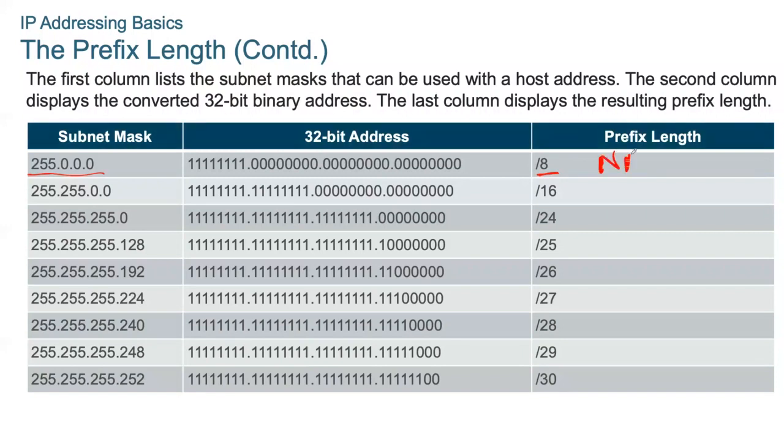In a 32-bit address, the first byte is used for your network address and the remaining for your host address. If it is /16, the first 2 bytes are used for your network address and the last 2 bytes for your host address.